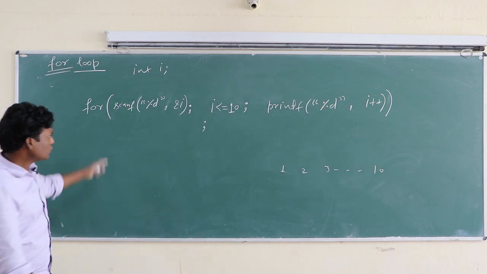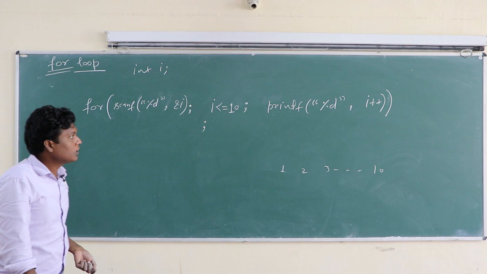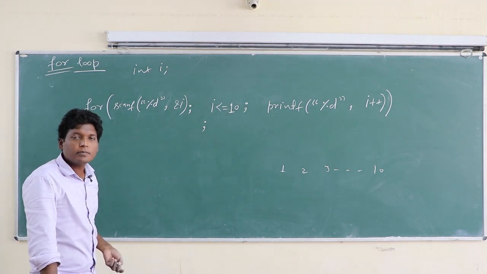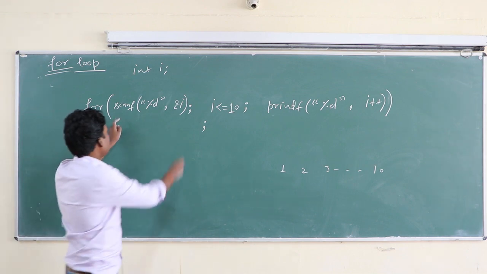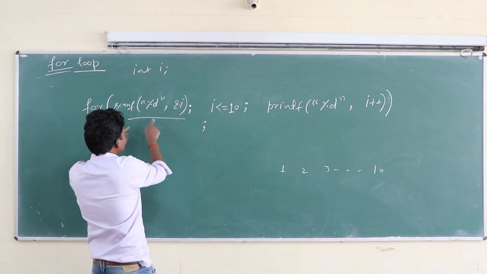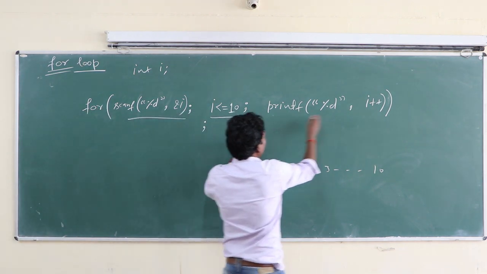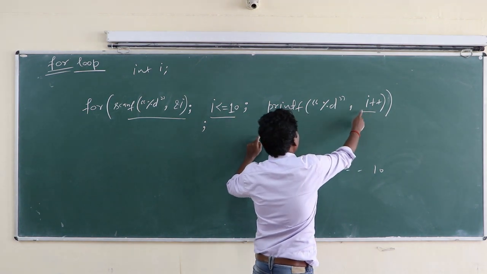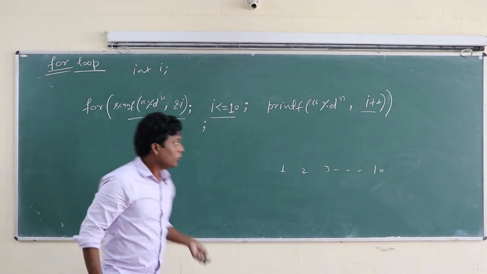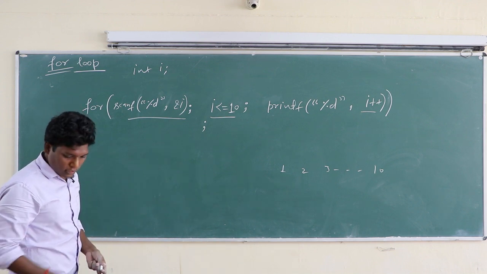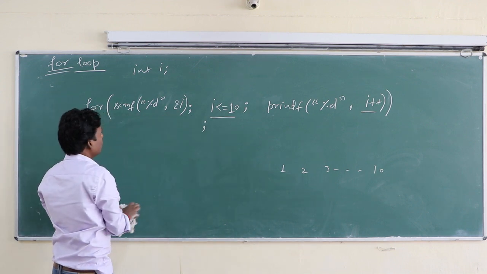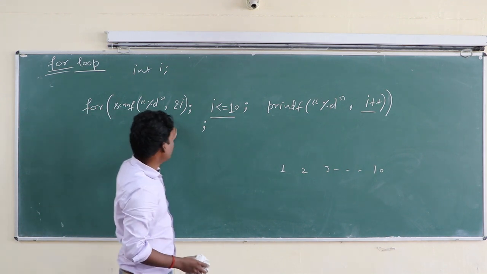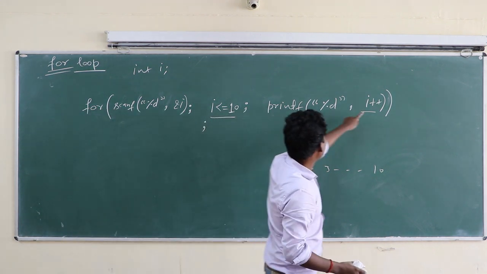Okay, so this is also an example of one version of the for loop. Here is initialization, user input through the keyboard, then testing, and here is the increment or decrement as well as the value being printed. So this is also true. There are three sections: initialization of the variable, testing, and increment or decrement.